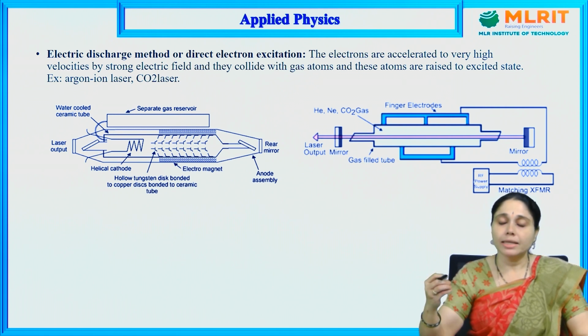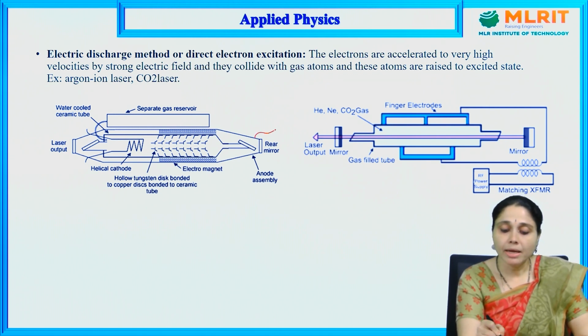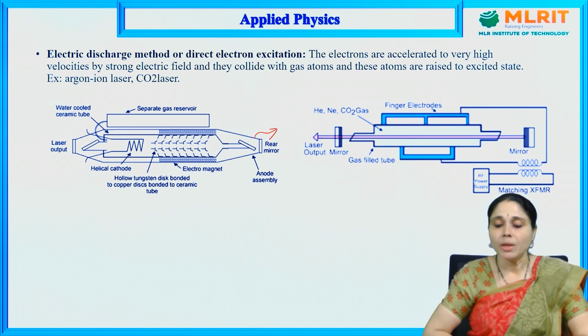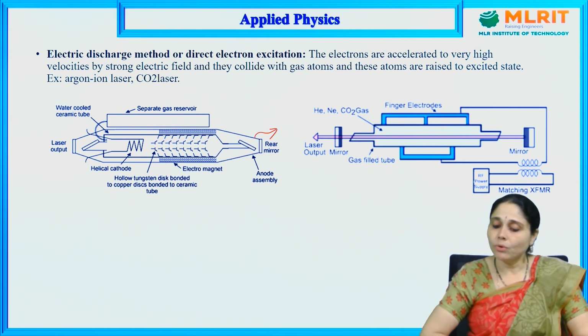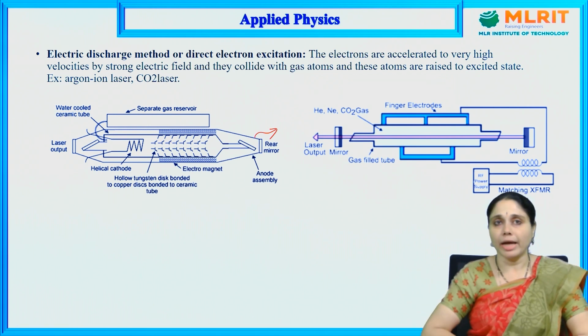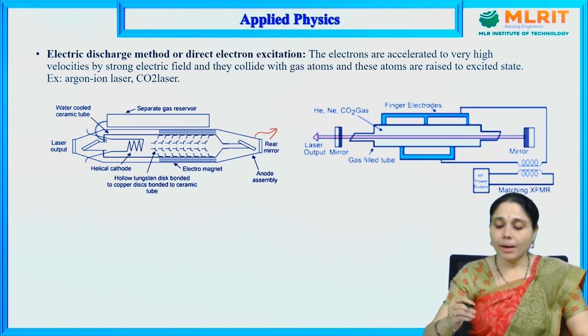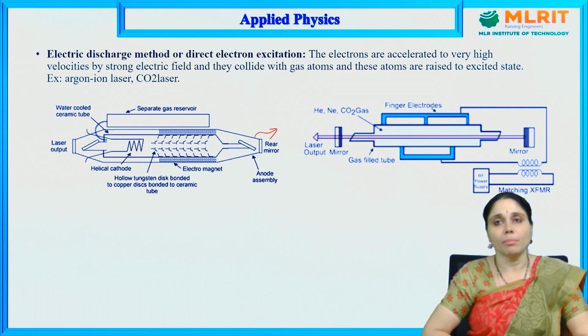These excited atoms return to the ground state by releasing some amount of laser light. In the same way, in the CO2 laser, the CO2 atoms are excited to the higher energy state and come to the ground state by releasing some amount of energy in the form of laser light.